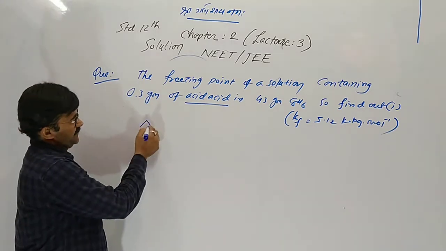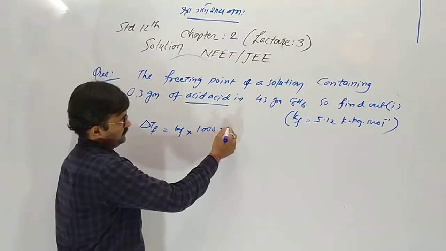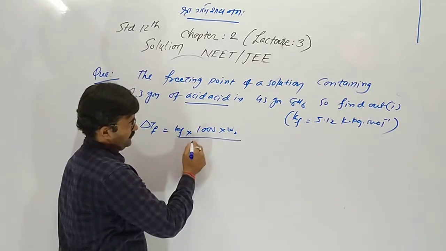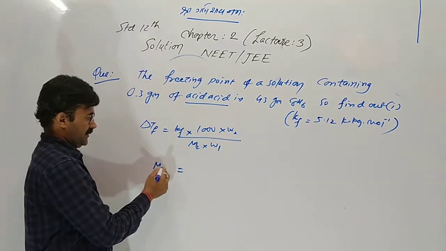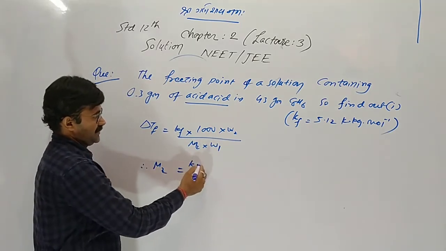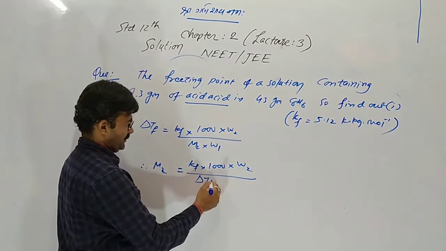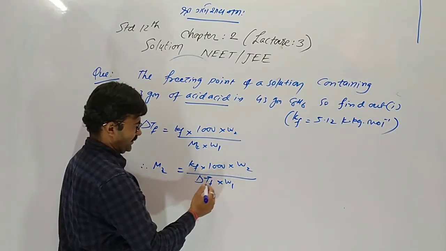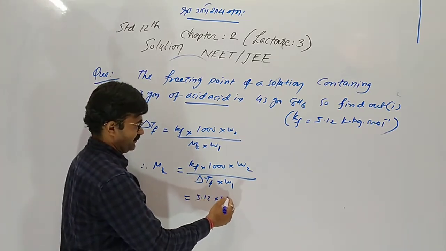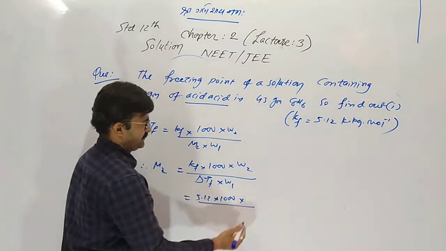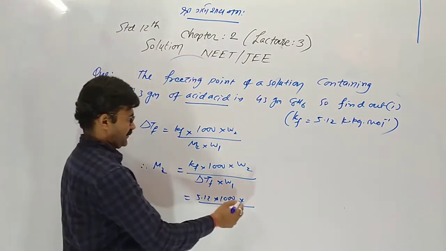So delta Tf is equal to Kf into 1000 W2 upon M2 and W1. So M2 will be Kf into 1000 W2 upon delta Tf and W1. Here Kf is 5.12 into 1000, W2, mass of the solute, is 0.3.